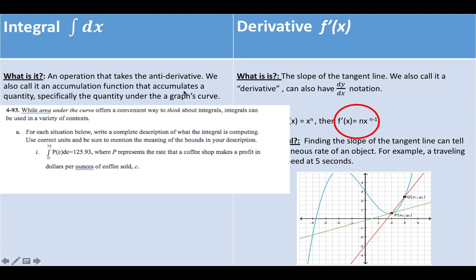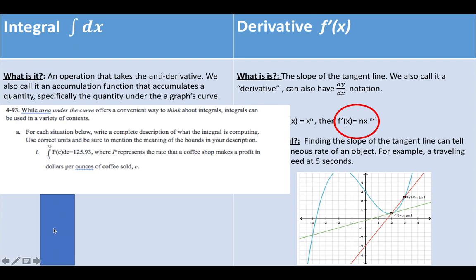It accumulates a quantity. For this one, we have the integral from 0 to 75 of P of C dC equal to 125.93. P represents the rate that a coffee shop makes in profit, in dollars per ounces of coffee sold, C. So if I want to find what the area under this profit rate curve represents, I could draw a basic rectangle.